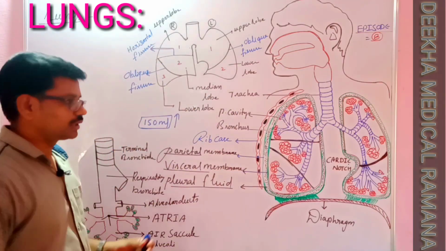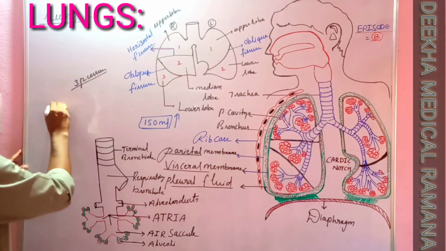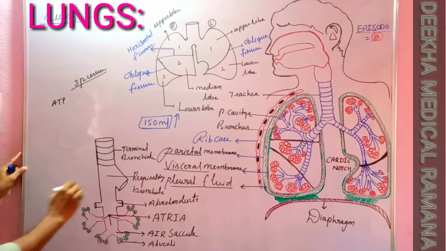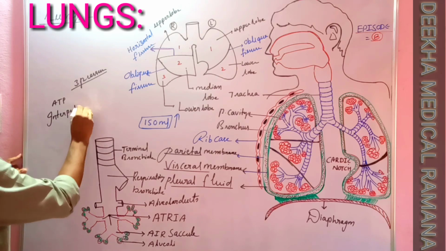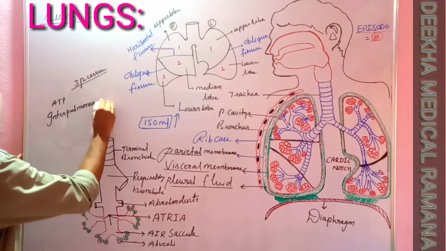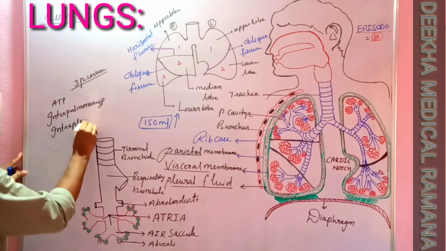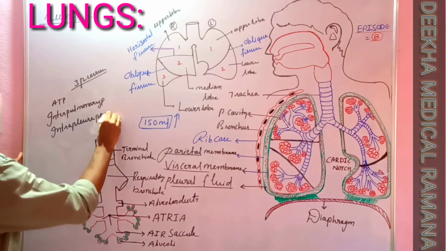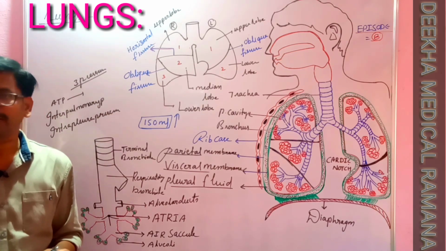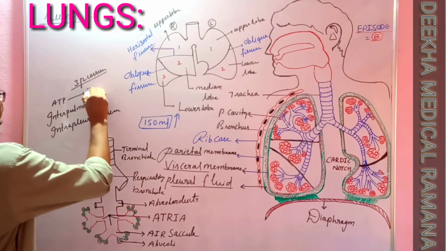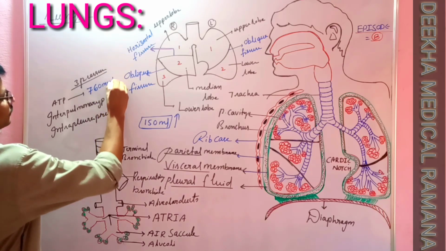Here I want to explain three important pressures. One is atmospheric pressure, the second is interpulmonary pressure, and the third is intrapleural pressure, right? At sea level, everybody knows the normal atmospheric pressure is 760 mm of Hg, that is, millimeters of mercury.